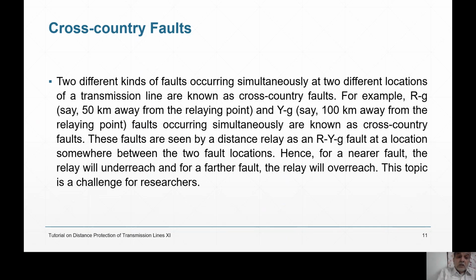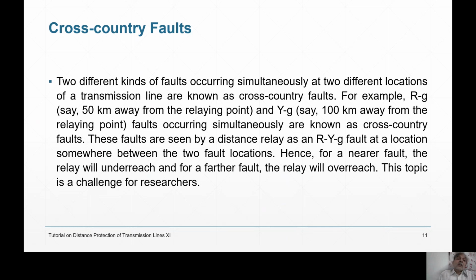What is a cross-country fault? A cross-country fault is two different kinds of faults occurring on the transmission system simultaneously at two different locations. Say, for example, there is a 100-kilometer line followed by another 100-kilometer line. There are two lines, 100 kilometers each.